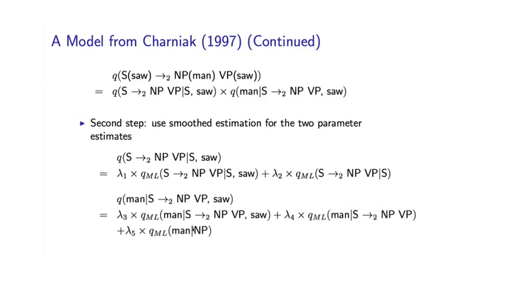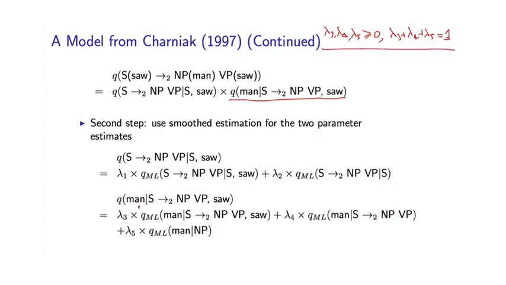So now let's look at the second parameter, this parameter here, and we'll use a very similar method. Again, a smoothed estimate. I'm using parameters lambda 3, lambda 4, lambda 5 to distinguish these from lambda 1, lambda 2. So again, we have lambda 3, lambda 4, lambda 5 greater than or equal to 0, lambda 3 plus lambda 4 plus lambda 5 is equal to 1, the usual constraints.